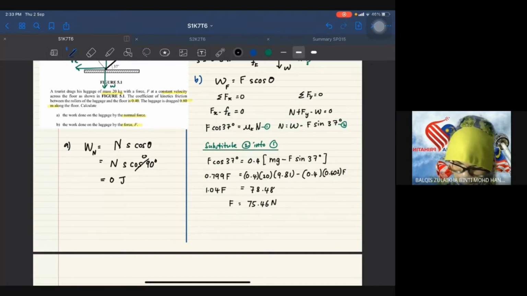Now, if I want to find the work done by F, which is F s cos theta, I substitute back 75.46.